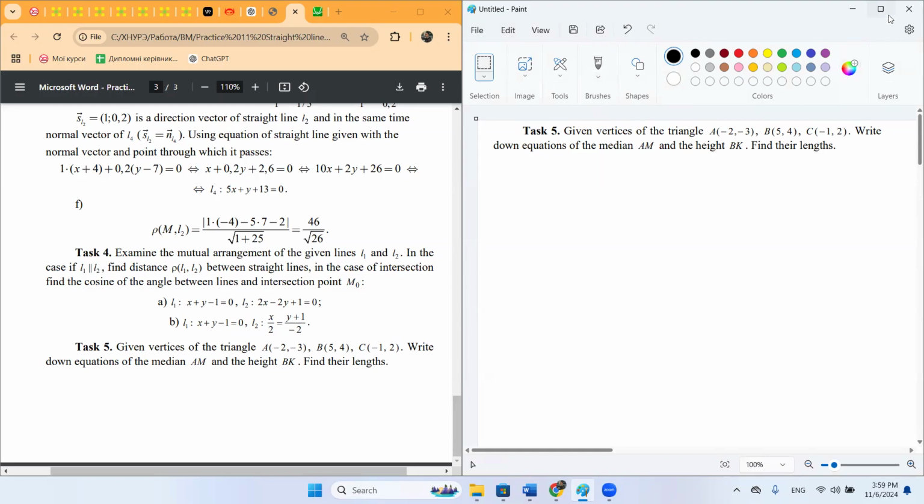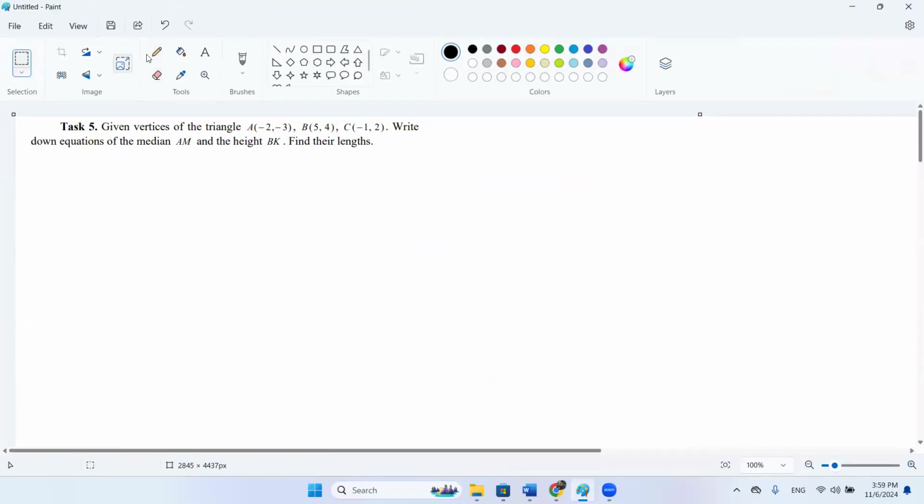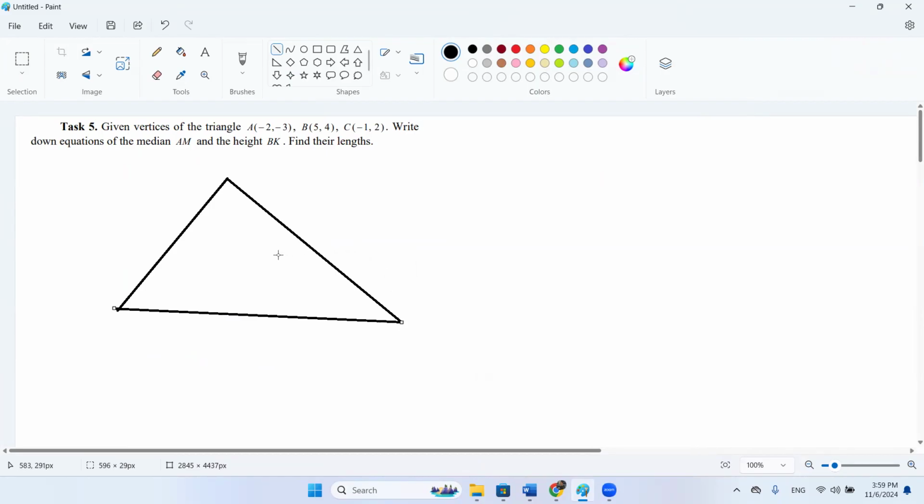First of all, a nice idea would be to draw the triangle, and of course points. Okay, first of all, let's assign points.